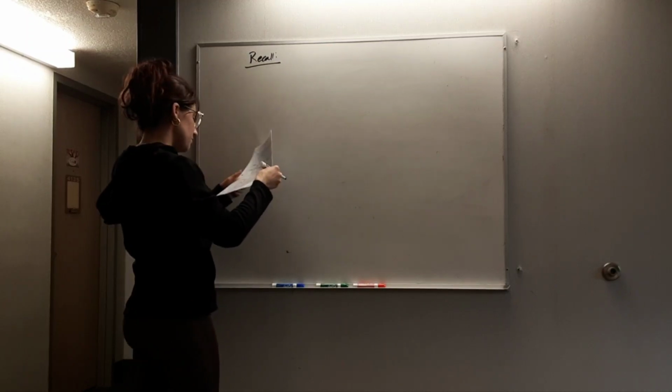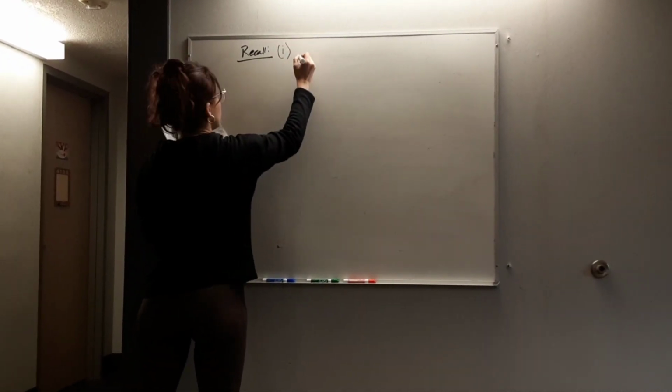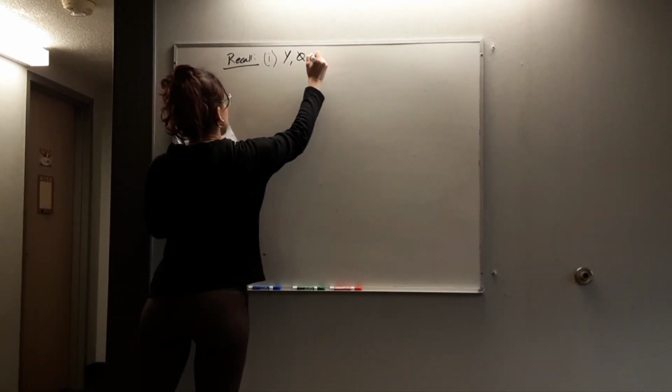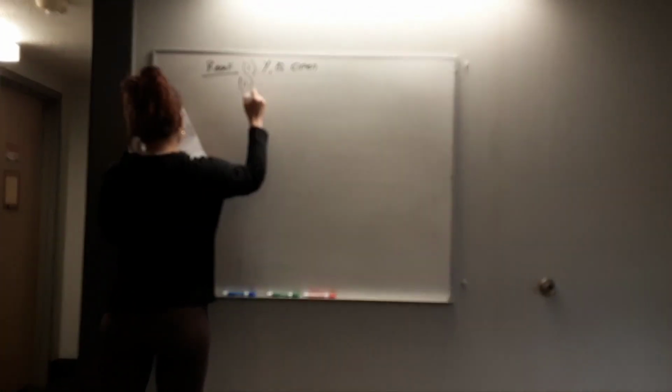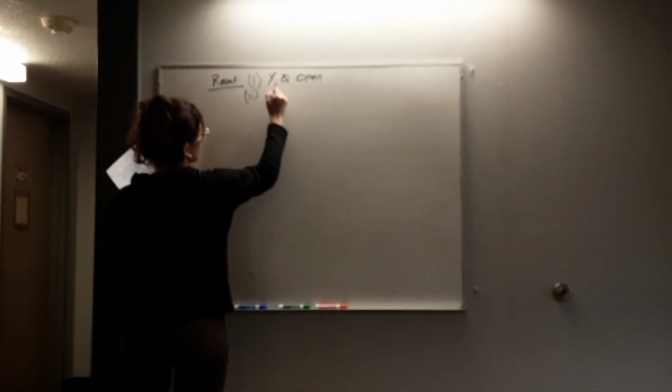In order to be a topology, we need to have the entire set Y and the empty set open. We need them to be closed under arbitrary unions.